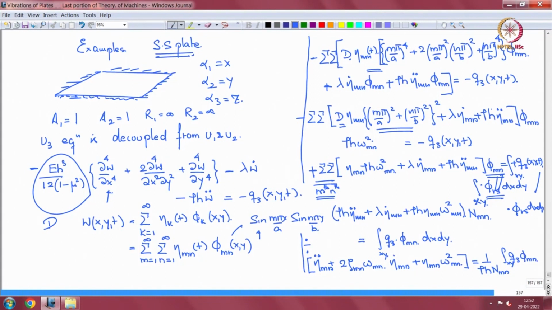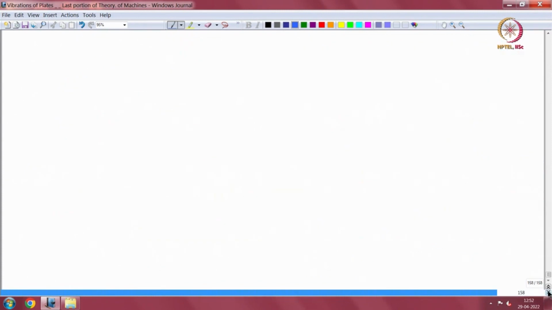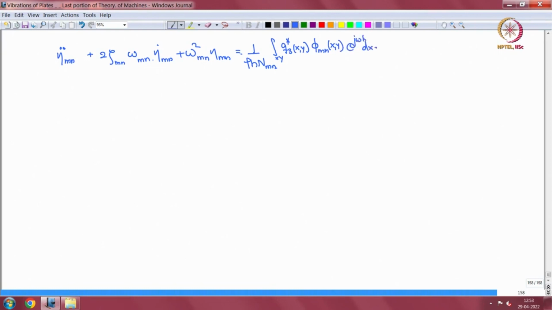So let's do this one more time. What we have is eta mn double dot plus twice zeta mn omega mn eta mn dot plus omega square mn eta mn is equal to 1 over rho h n mn integral xy, I will do this here, q3 star xy phi mn xy e to the power j omega t dx dy.